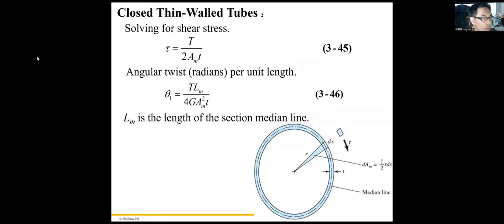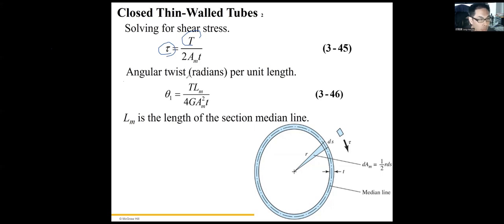From the last course, we already know the shear stress applied to the thin tube and the rod, right? So we can rearrange to figure out the shear stress: tau equals T divided by 2 Am t.